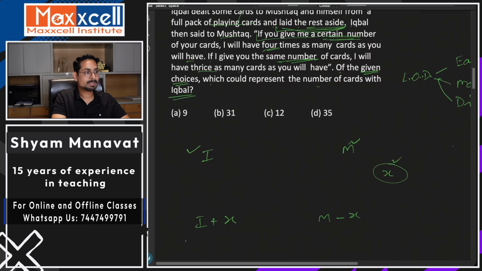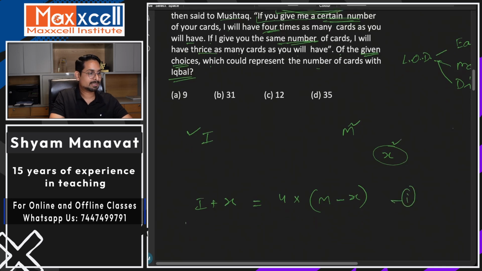So the equation should be, I will have 4 times as many cards as you will have. 4 times, that means Iqbal will have, the helping verb is for the equal sign. 4 times, times means multiply. That's how you will form equation number 1.